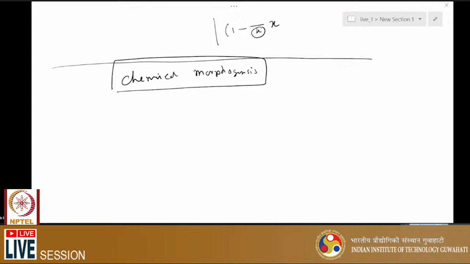So Alan Turing gave a model called Turing's model, which is based on a very simple thing. I have two molecules, A and B, and they interact with each other. One activates, another one inhibits, something like that, if I am not wrong. And they are diffusing, they are not in one place. In an area, they are diffusing.